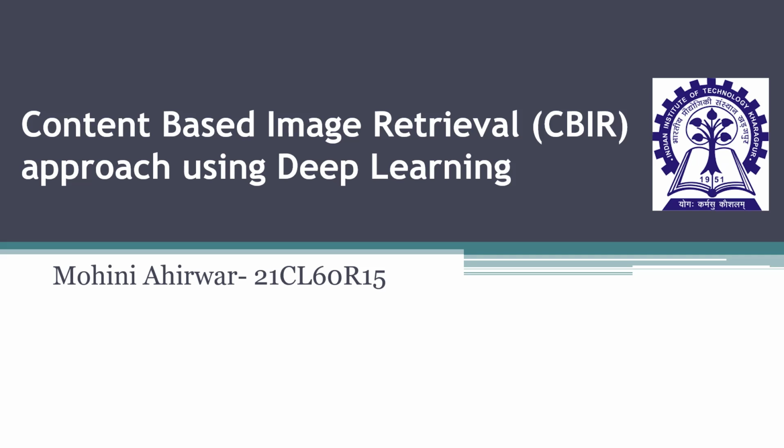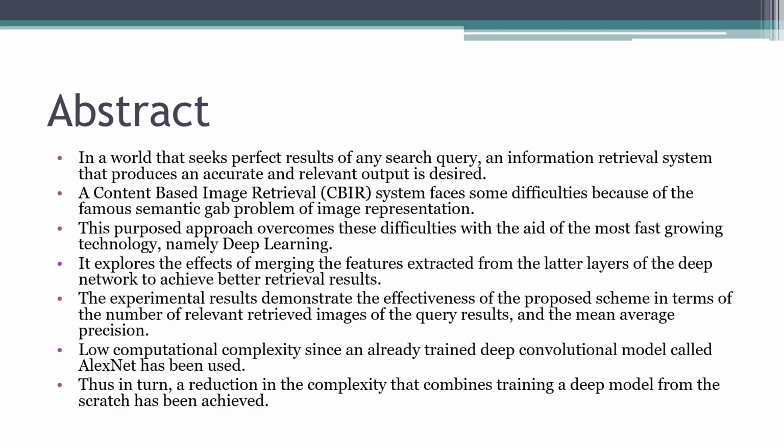Hello everyone. Today I am going to discuss a content-based image retrieval approach using deep learning. In a world that seeks perfect results of any search query, an information retrieval system that produces an accurate and relevant output is desired.